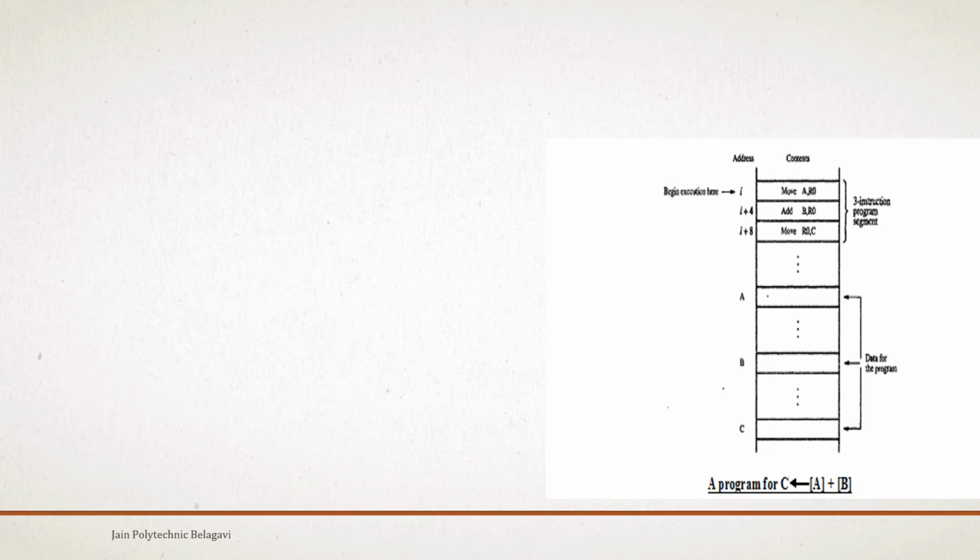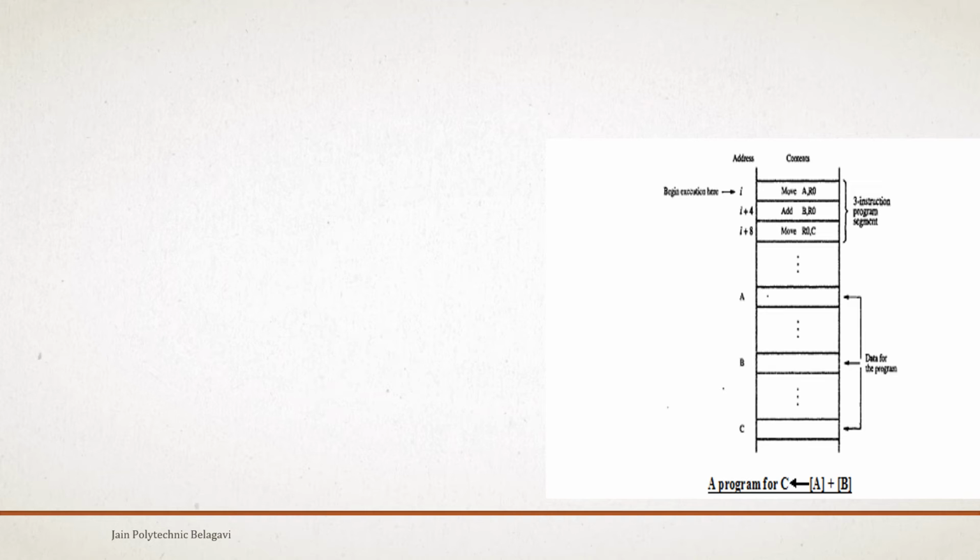Now here you can see the program written for addition of two operands and storing in C. The first instruction is move A comma R0. The contents present in location A are first transferred into the processor register R0.